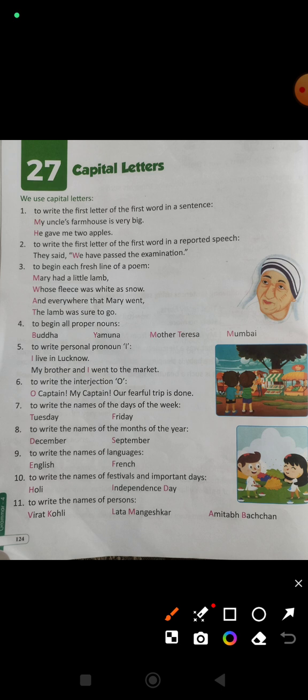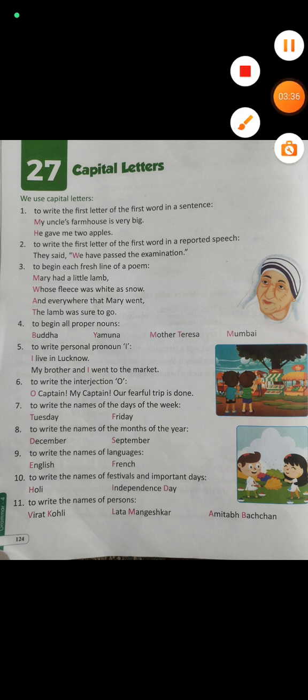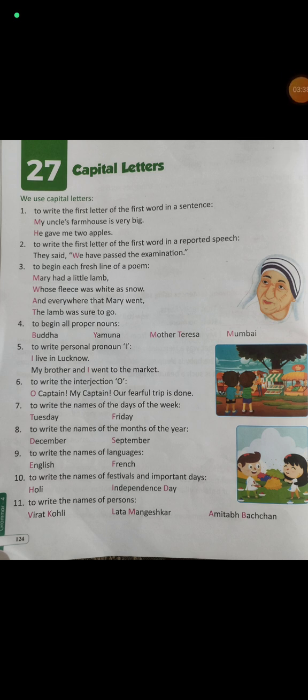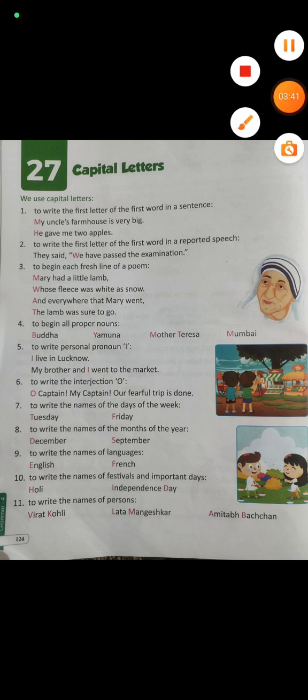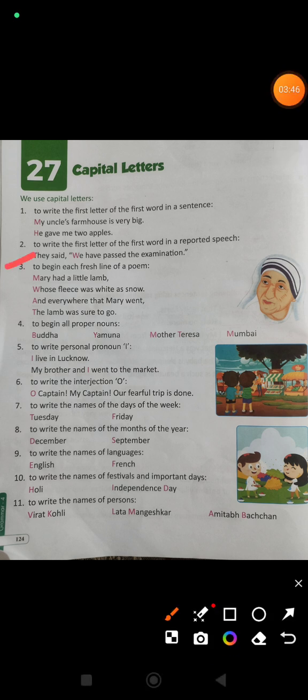Yeah, so always make the first letter of the first word capital in a reported speech. As you can see, one example is given. They said we have passed the examination. So as you can see, in a reported speech the first letter of the first word is capital, W is capital.